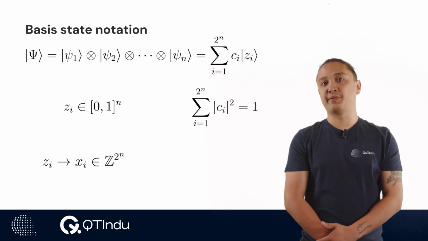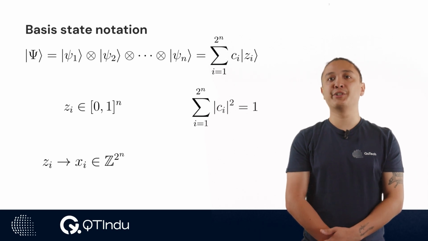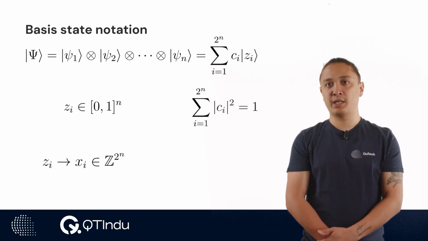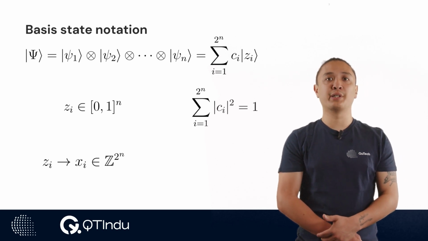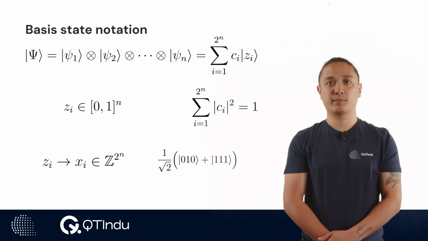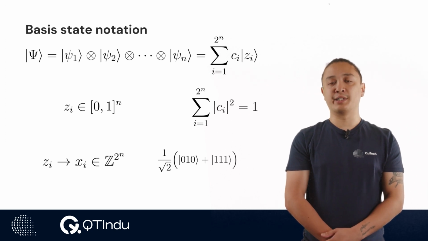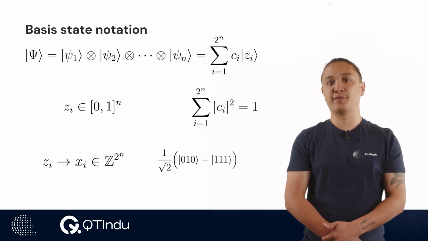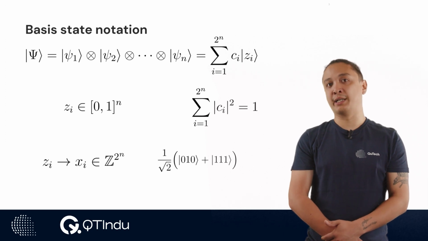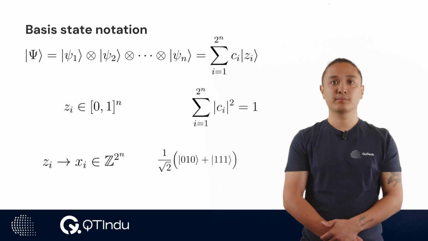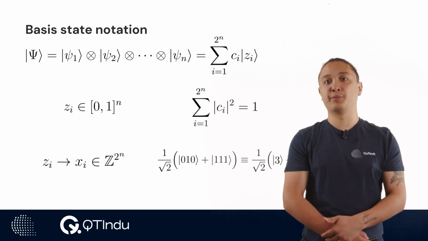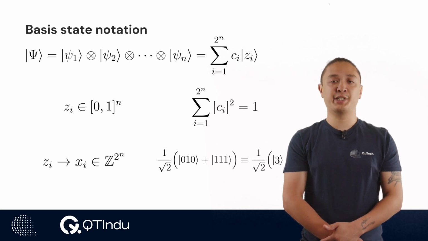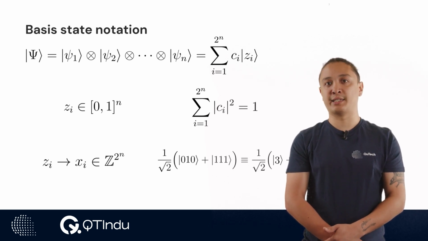Now, for the purposes of this video, we will switch to the integer representation of the basis states. So instead of using a binary string, we will use the positive integer corresponding to that binary string. For example, if we consider a 3-qubit superposition state as follows, here we're considering an equal superposition of the 0, 1, 0 and the 1, 1, 1 state, we can simply convert the binary strings to their respective integers to represent this state as an equal superposition of the 2 and the 8th state instead.